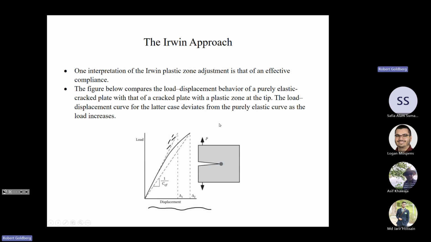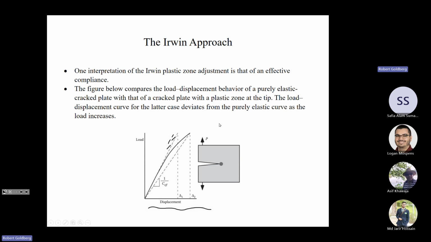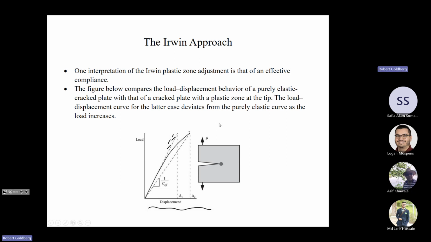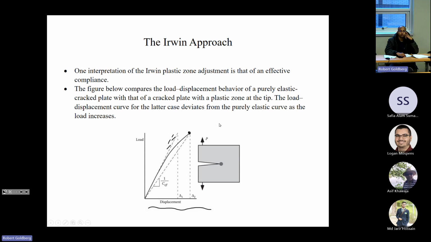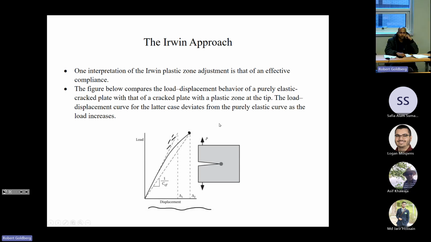Obviously, because we have that local yielding and softening, we have a nonlinear response, so we get greater displacement. And so if we apply more and more load, we have a greater displacement. So at a given load, the displacement of the plate with the plastic zone is greater than that of the elastic plate.